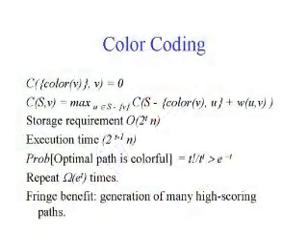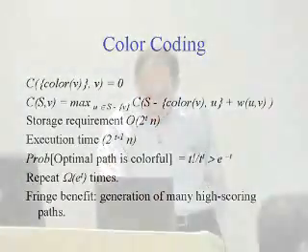You can write down the dynamic programming recursion, and the storage requirement is now linear in n. The execution time is linear in n and fairly moderate in t. You have to do it about e to the t times to make sure that the optimal path really becomes colorful in one of the trials.